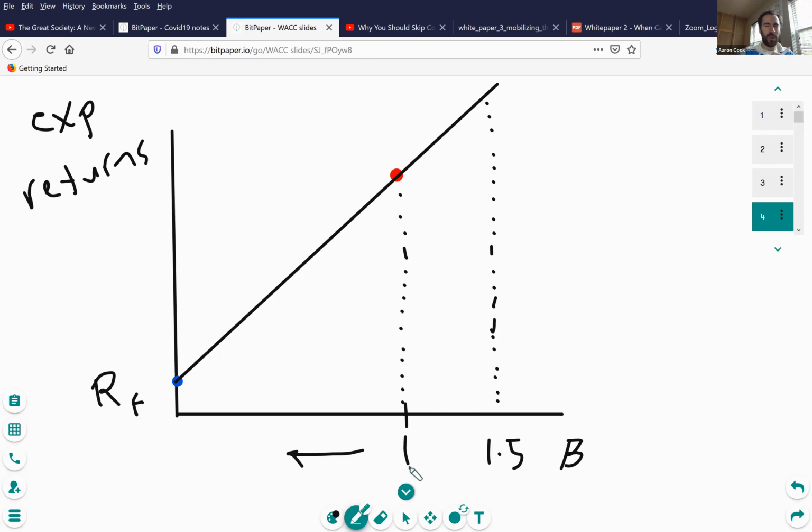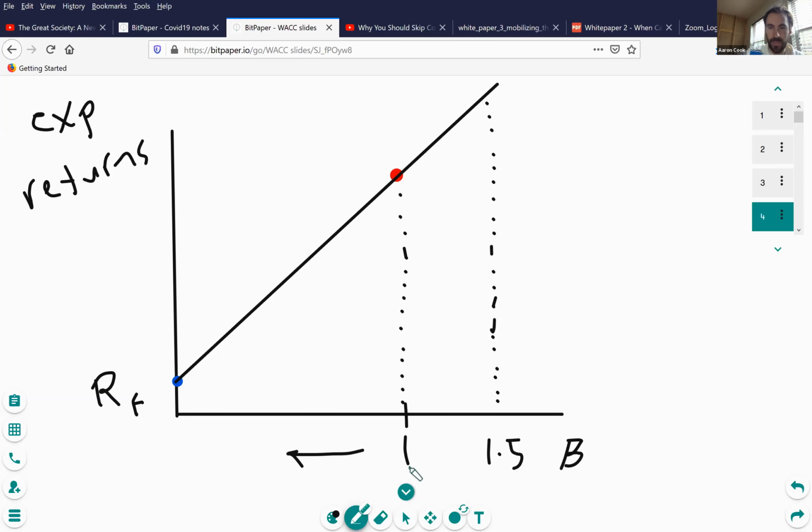But on average, so if we think about what tends to happen between a particular asset and the market as a whole, an asset with a beta greater than 1 is going to move in the same direction as the market, but in an exaggerated fashion. It'll be gaining a lot. It'll be returning a lot when the market is booming, but when the market is down, it'll also lose a lot, and it'll actually lose more than the market portfolio as a whole.